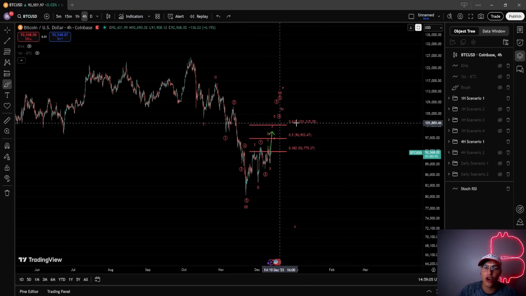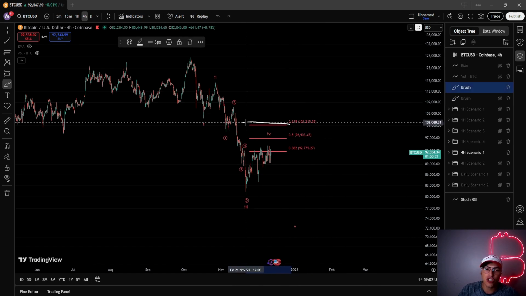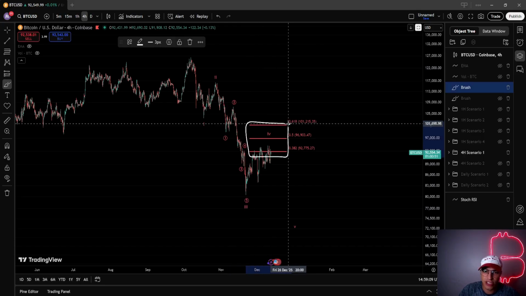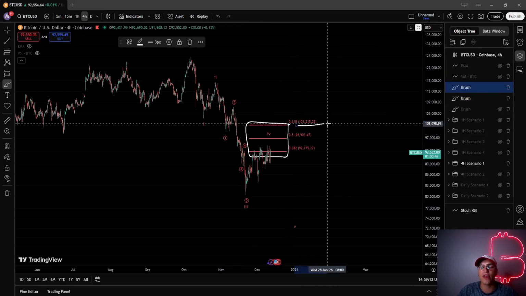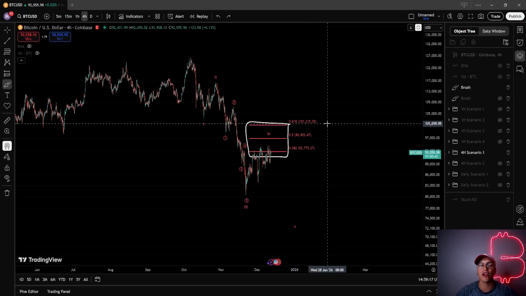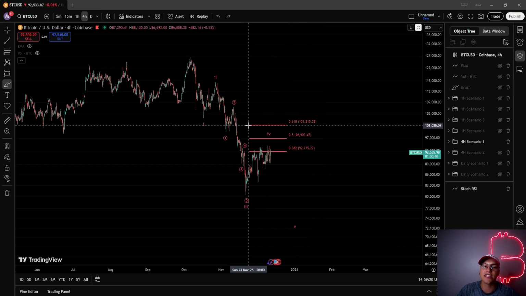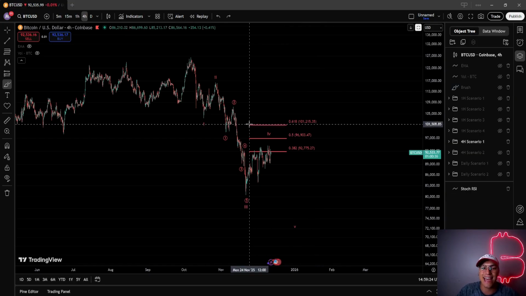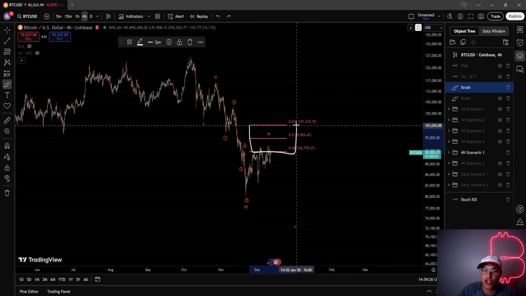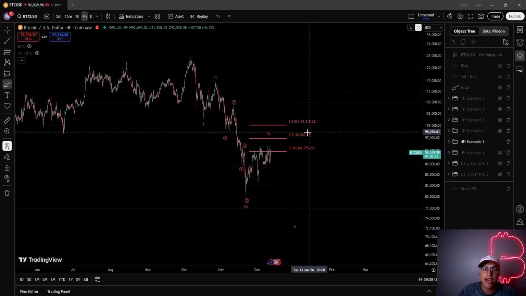So if you are looking to open up any shorts in this region here, our invalidation zone would be $101,215. Once that is hit, something else is occurring. That would indeed be your stop loss. So one of the scenarios I say is take a short in this region here, right? Take a short.